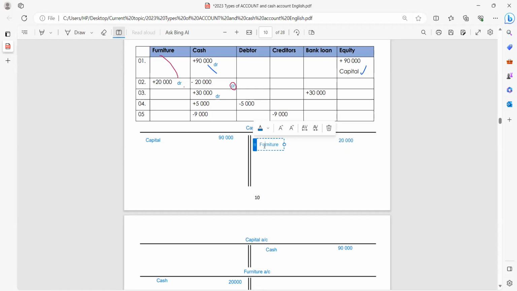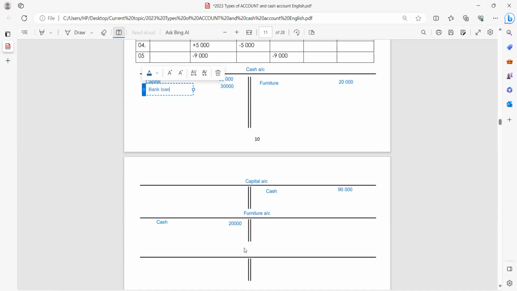This is the difference. We don't want to prepare different cash accounts. In one cash account, we can record all 5 transactions one by one. Next one, cash account debit 30,000. You can write 30,000 in the next line, and what do you write here? It is bank loan.